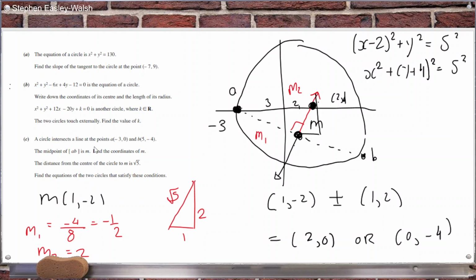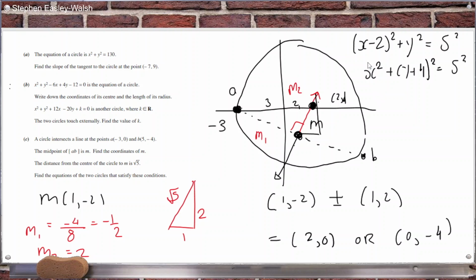But let's just check, for example, that (minus 3, 0) satisfies both of these. So minus 3 minus 2 is minus 5, squared is 25 plus 0 equals 5 squared. Yeah, and then here that's going to be 9 plus 16 is 25. Yeah, okay.